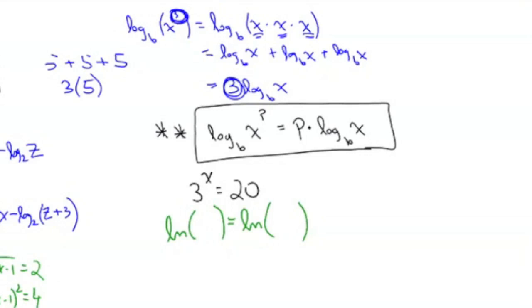Does anybody know what it is? Log is 3 letters, ln is 2. I'm lazy, I go with the 2 letters. But if you want, you can do log to both sides. That won't hurt anything.